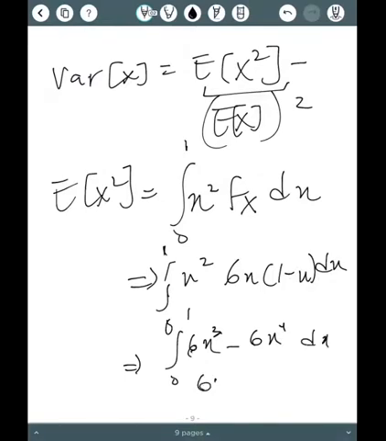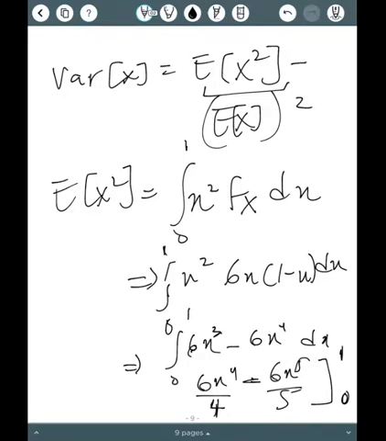So basically ये 6x 4 over 4 हो जाएगा minus 6x 5 over 5. लिमिट्स लगानी है इस पे हमें, 1 और 0 की, राइट? So ये आपका बन जाएगा 1/4 minus 1/5.